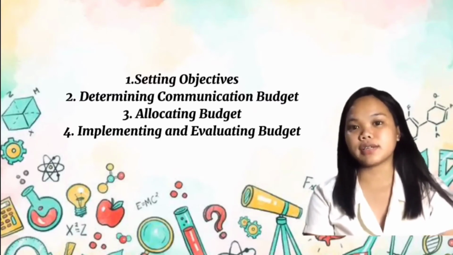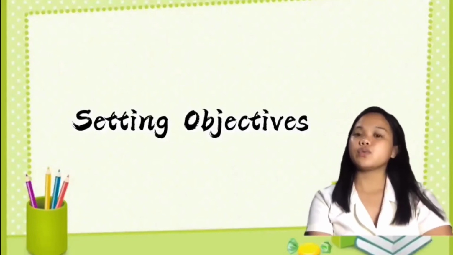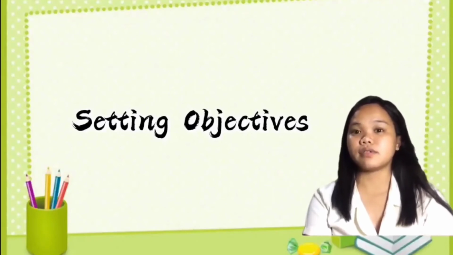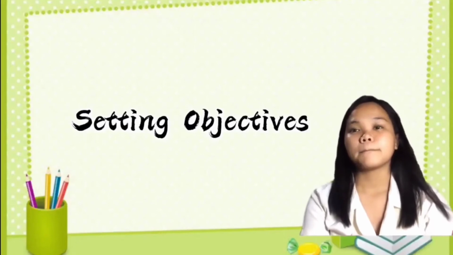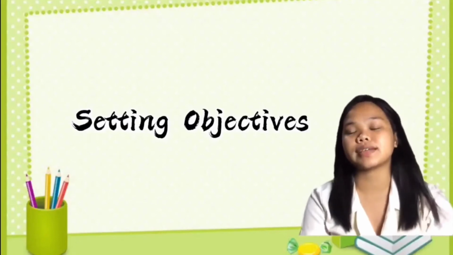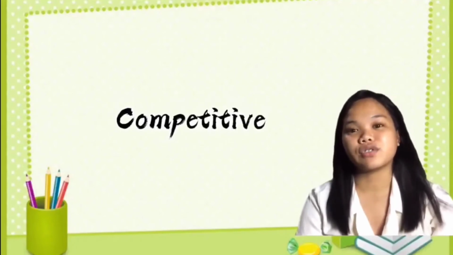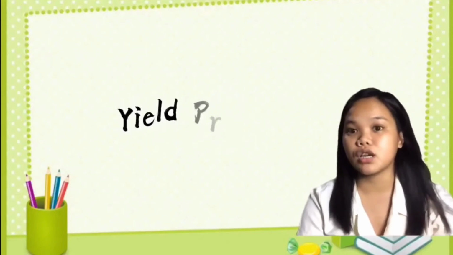So first, let us talk about setting objectives. Setting objectives in retail marketing is creating and developing services and products that are competitive, reasonably priced, and would still yield profits.